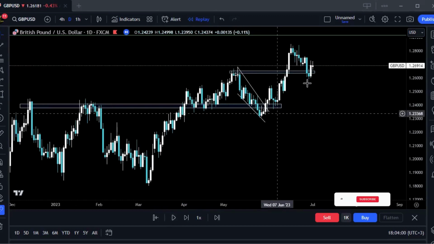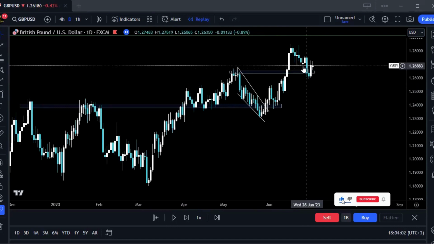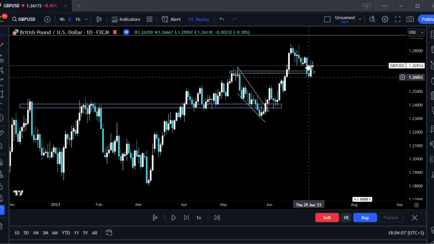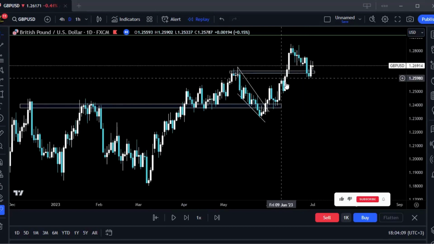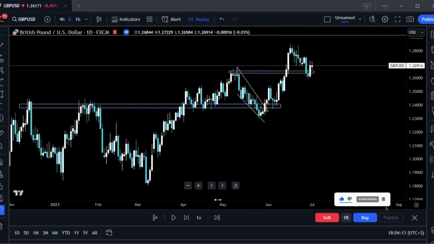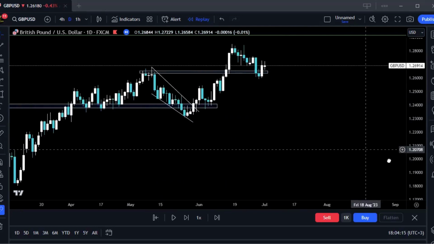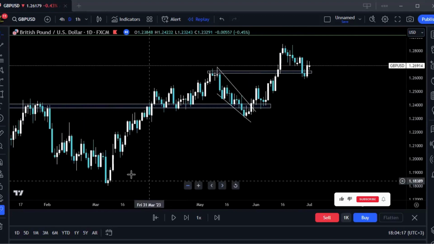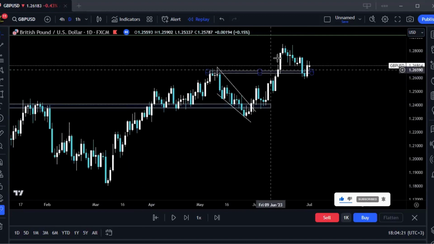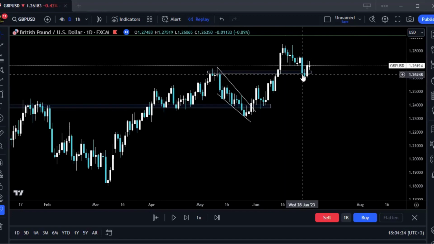Okay, so now we have a bullish momentum kick in, but it hasn't closed above this bearish candle, right? It hasn't closed above that. And if you look at the trend, obviously the bigger trend is bullish because we have a low, a high, a lower high, a higher low, a higher high, higher low.